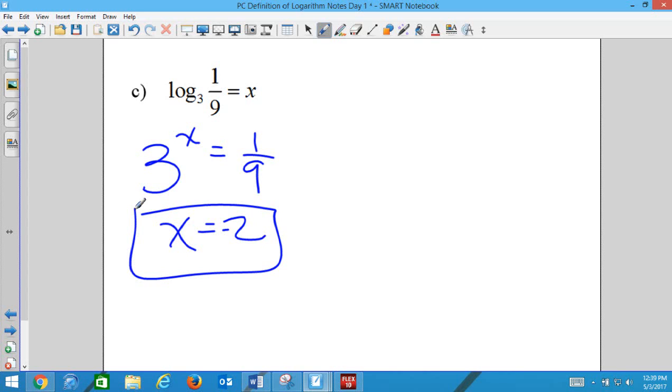But you still want to go over that one. I would leave it because we're writing it in exponential form. This is not really very important. This is just making sure you know how to switch it, so that when you get to the harder stuff, you know how to switch already.